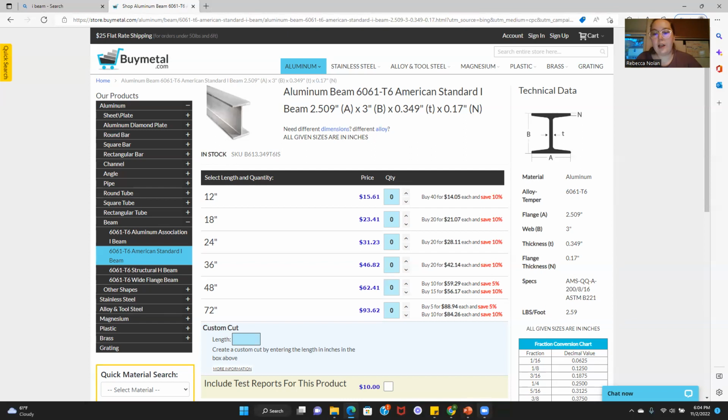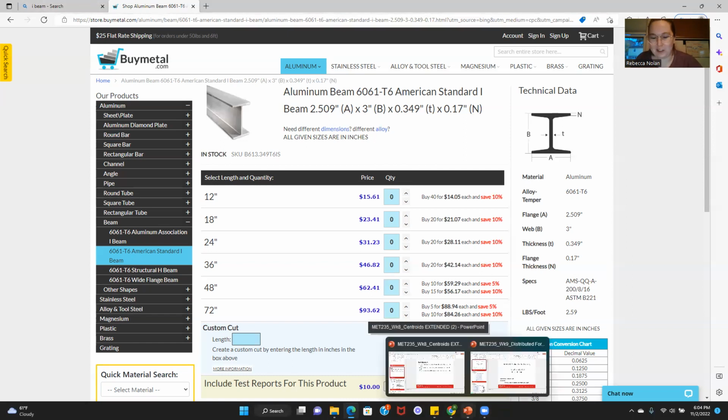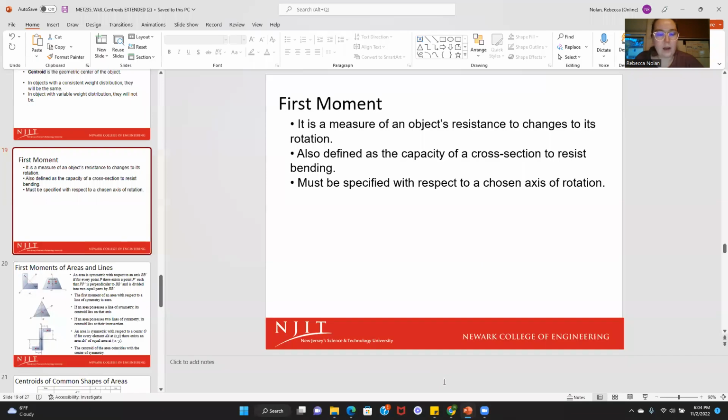There's another element of resistance to bending that comes from our material strength. Ultimately, it will be a combination of our material strength and the cross section of our beam or figure that determines the stiffness, or resistance to bending.